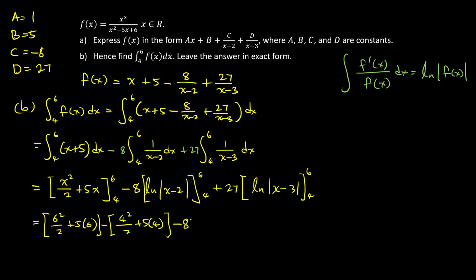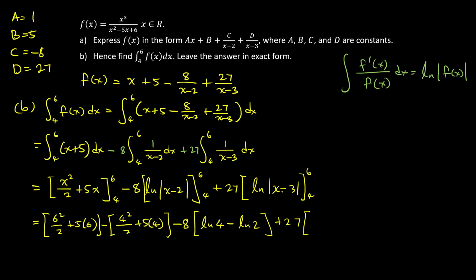Then minus 8 times the natural log of 6 minus 2, which is 4. This should be the absolute value of 4, but 4 and the absolute value of 4 are exactly the same thing. And minus the natural log of 4 minus 2, that is ln 2. And then plus 27.